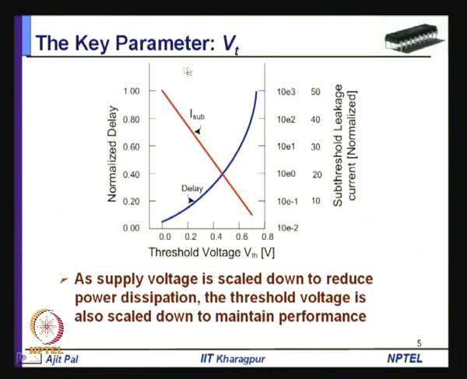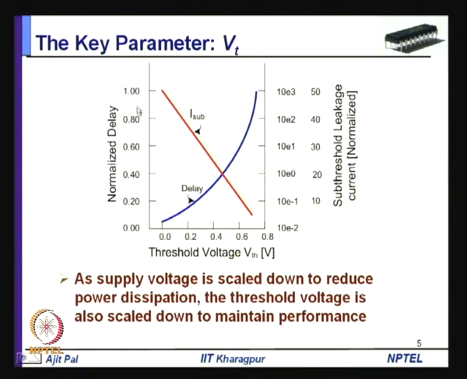As I mentioned, in minimizing leakage power, the key parameter is the threshold voltage VT, and the threshold voltage influences two important parameters. One is delay. Here the normalized delay has been plotted.